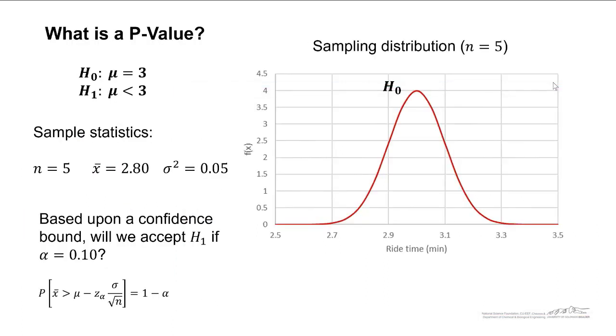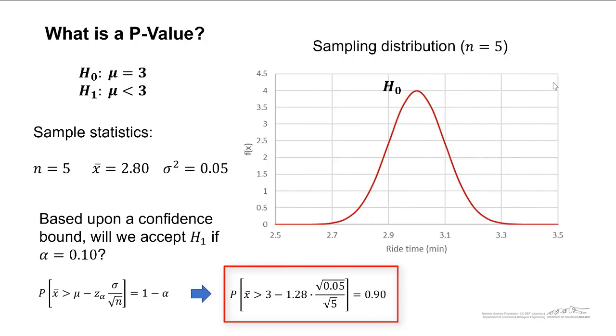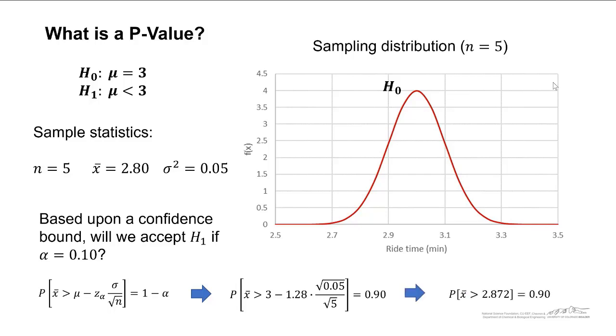We can create this lower bound on the sample average. We can substitute in our mean of 3, z of 0.10 is 1.28, and we can substitute in our standard deviation and our sample size, and what we end up with is a 90% confidence bound on the sample average if the true mean is 3: x bar is 2.872.